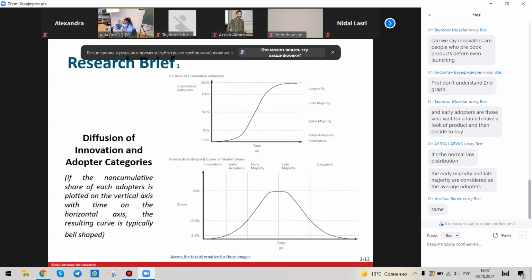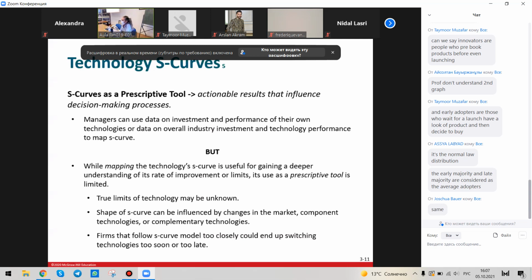In this case, of course, it can be misleading. So it is only useful to map a market and to understand a specific phenomenon, but not to trace a general rule on how a technology will evolve, both from the improvement side, the producer side, and from the market side, the adoption.